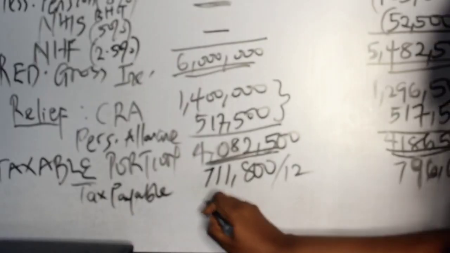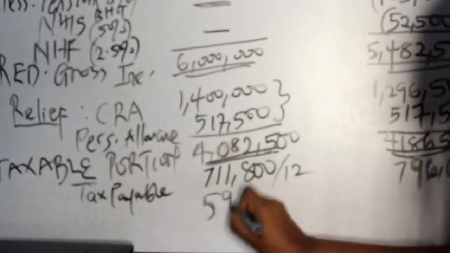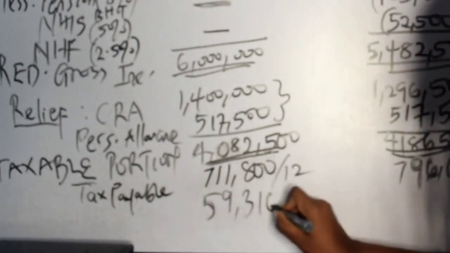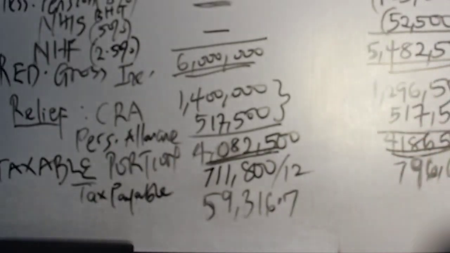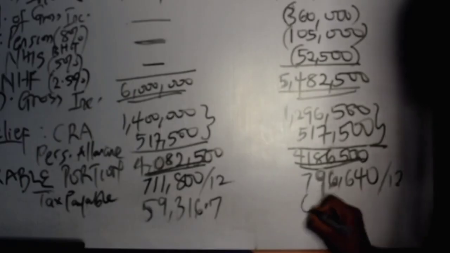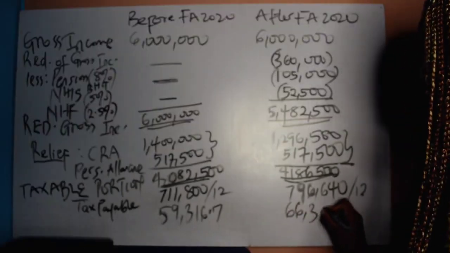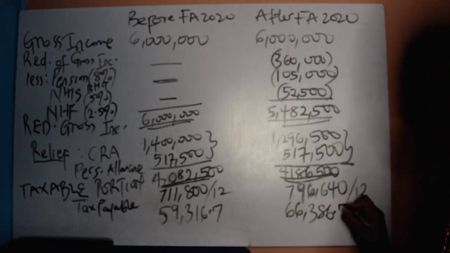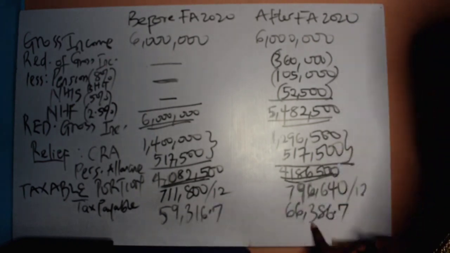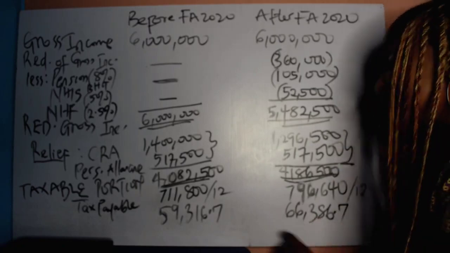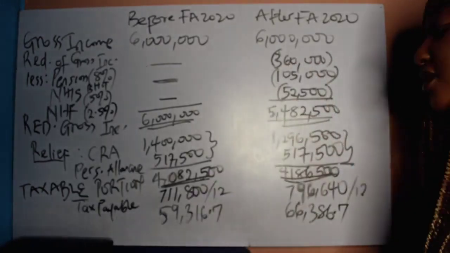So here we have 59,316.7, and here we have 66,386.7. So you can see that after Finance Act, your tax payable monthly increased even with the same salary level. Here it was lower with the same salary level.